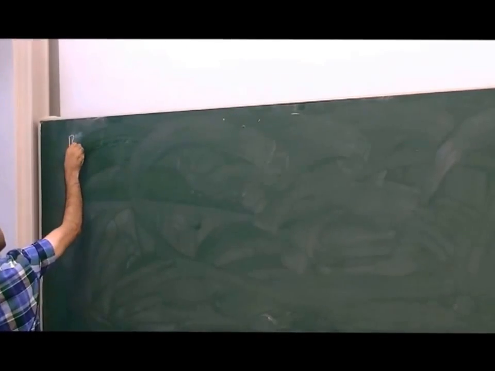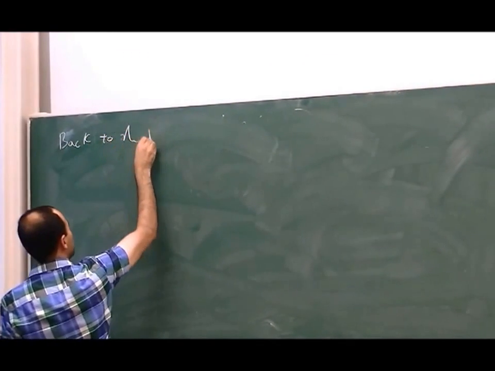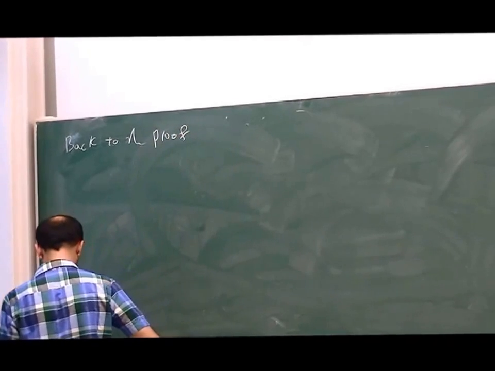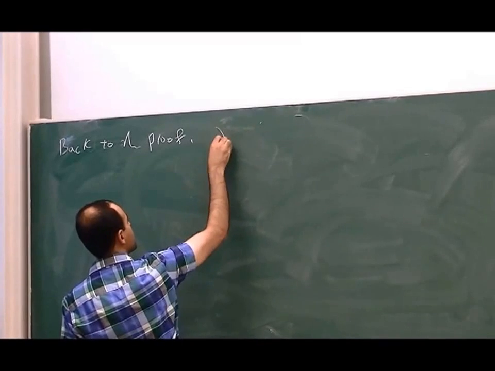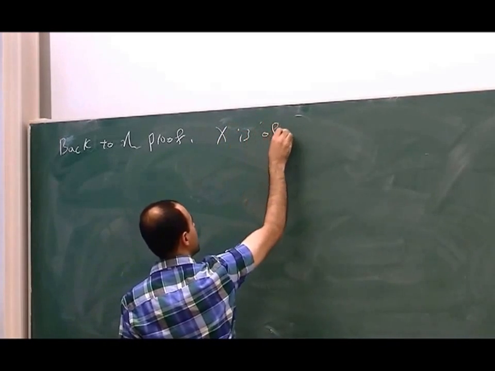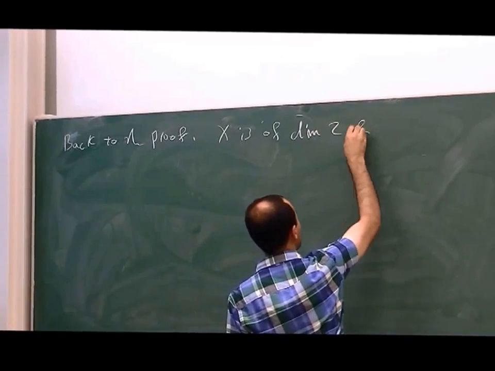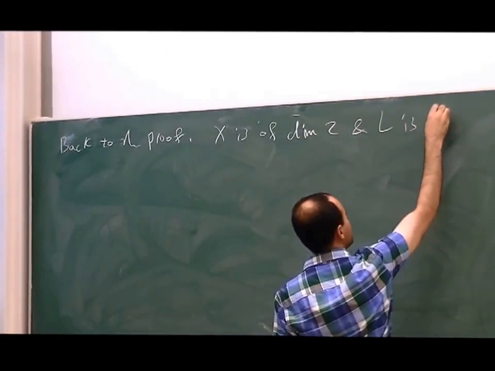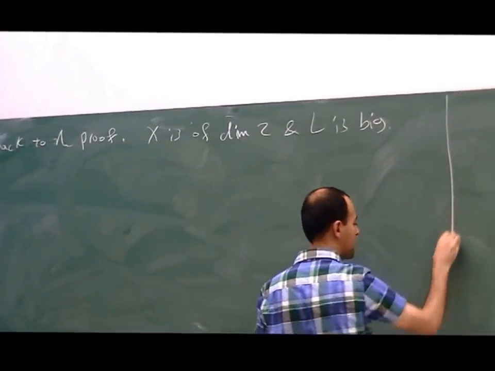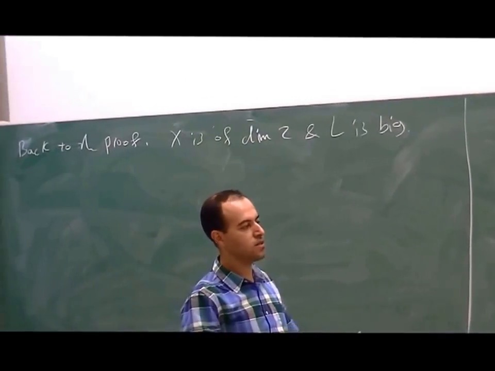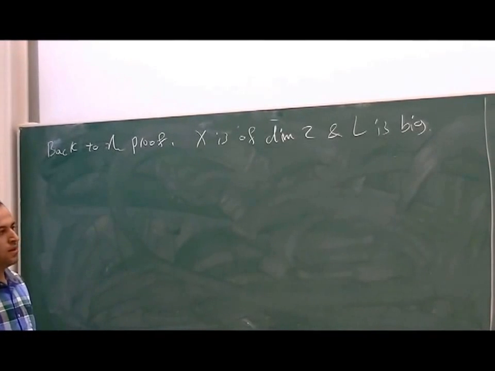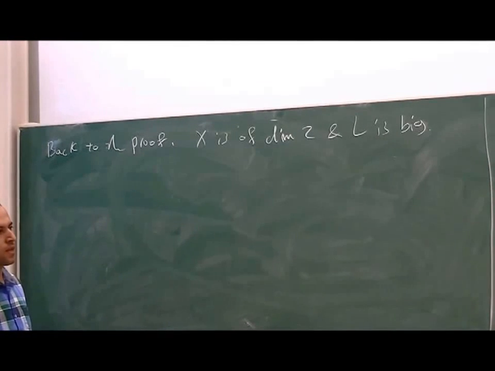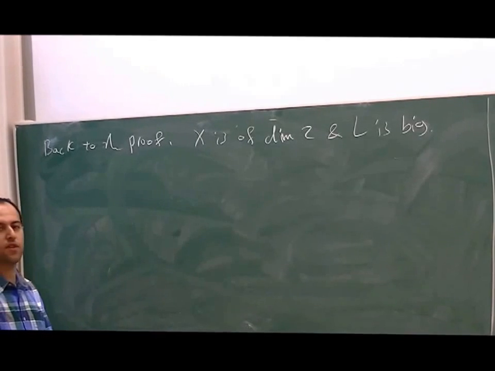So we go back to the proof. X is the surface, of dimension 2, and L is, by assumption, a big divisor. So in particular, this means that X itself is not inside this exceptional set. It should be something strictly smaller. But a closed set inside a surface will be just a collection of curves and points.